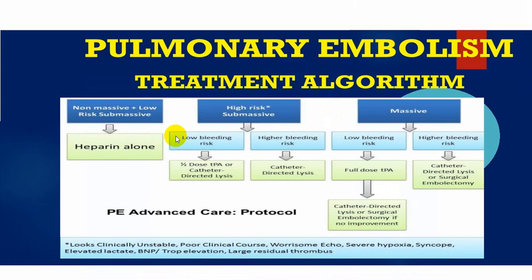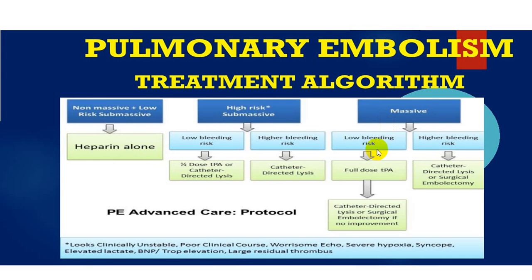This is pulmonary embolism. Heparin, low molecular weight heparin you can use in a high risk submassive. You can go for catheter directed lysis, or what we call chemolysis.